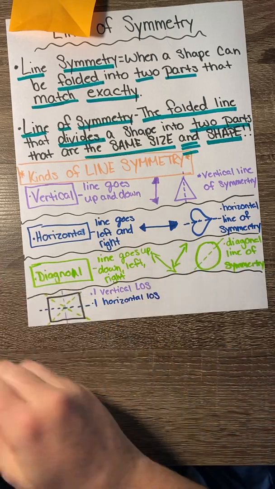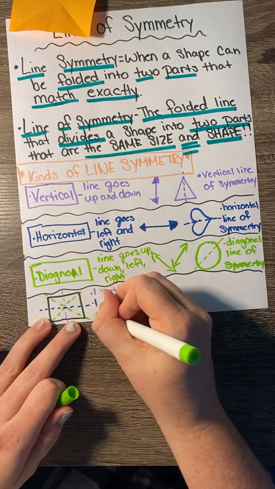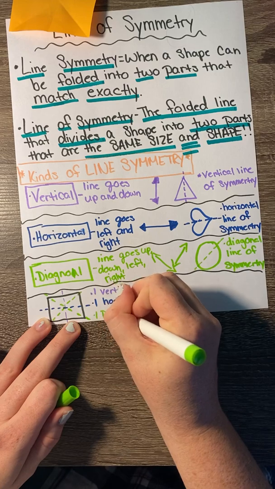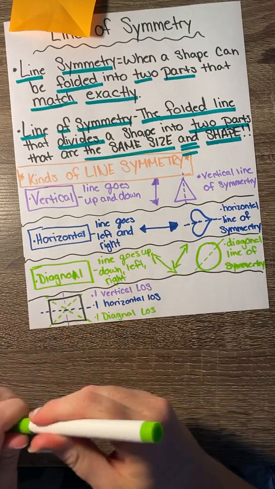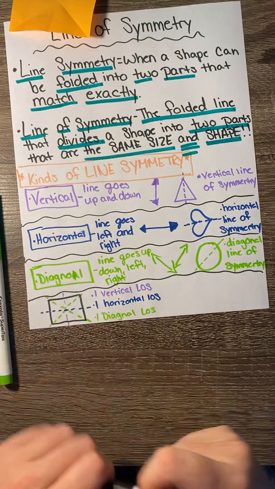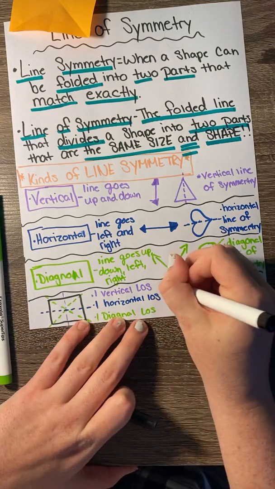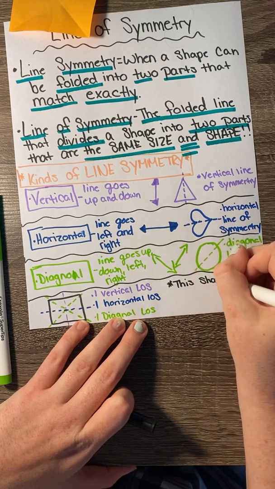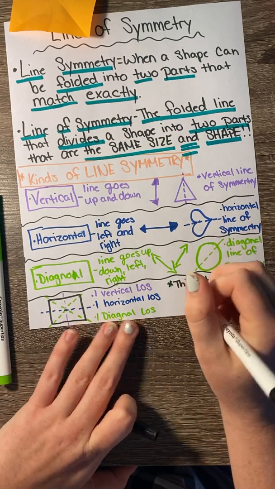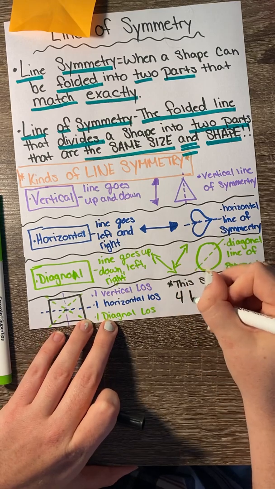And lastly, we have one diagonal LOS. That means that this shape has 4 lines of symmetry.